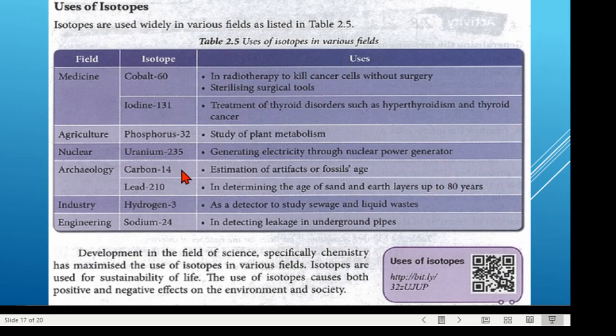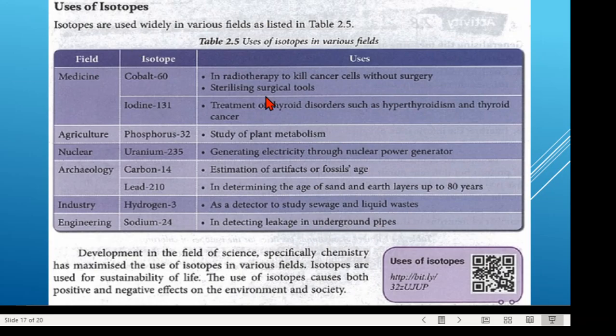Archaeology, carbon-14 to estimate the age of artifacts or fossils. Lead-210 to determine the age of sand and earth layers up to 80 years. In industry, hydrogen-3 as a detector to study sewage and liquid waste. In engineering, sodium-24 in detecting leakage in underground pipes.